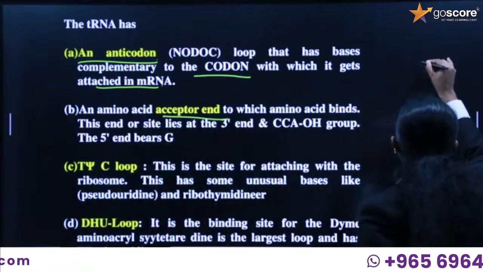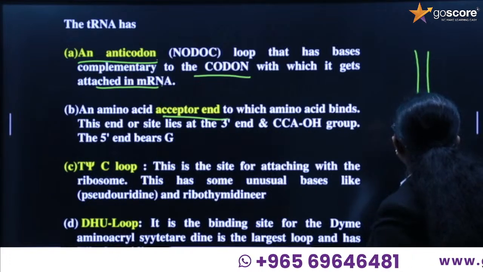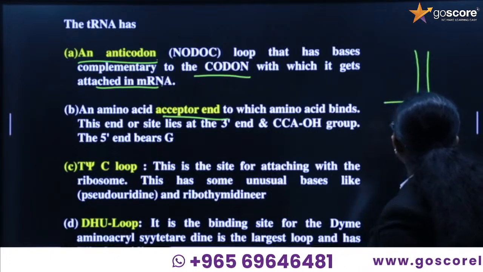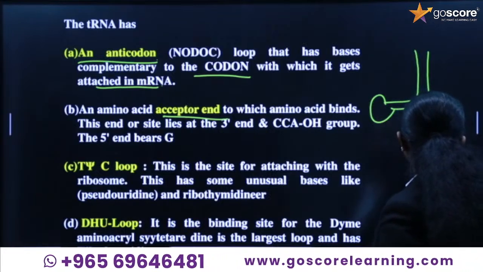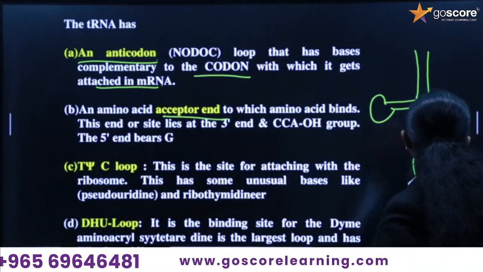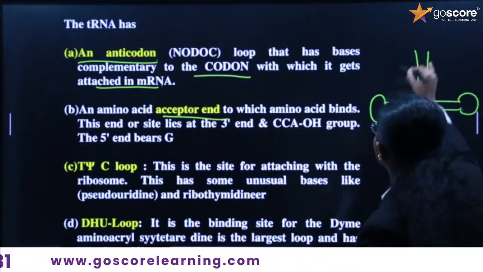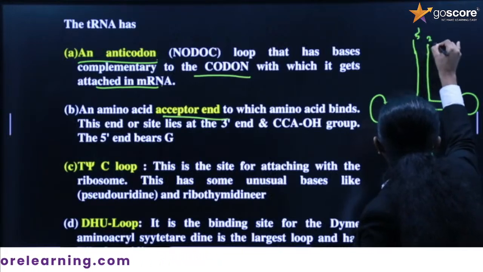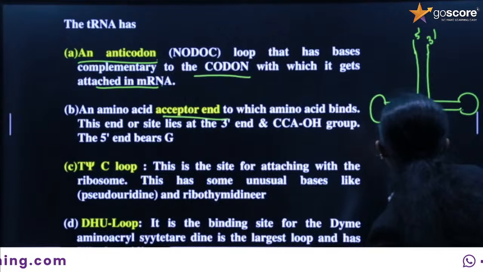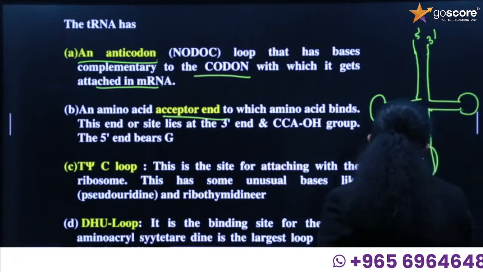So if you are drawing the structure, okay, this is the 5' and 3' end, and it has an anticodon site.